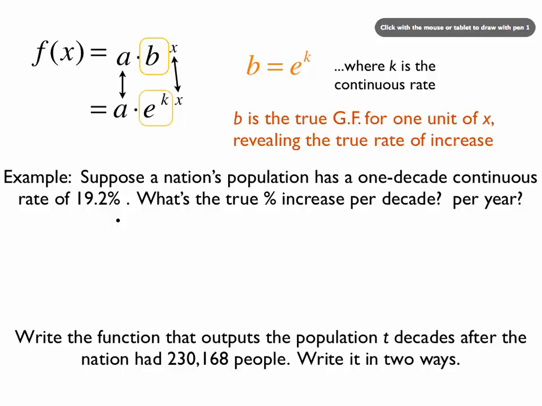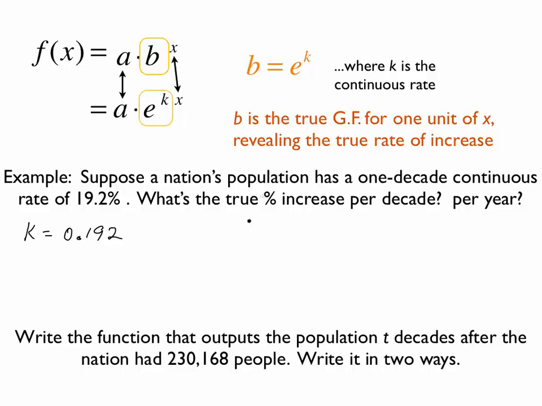Jonathan, do you know? Can you identify what the 19.2 is? K, right. So can we do it as a decimal? So K as a decimal? 0.19. Beautiful. Okay. How can we use that K value, the continuous rate, to get the true percent increase?